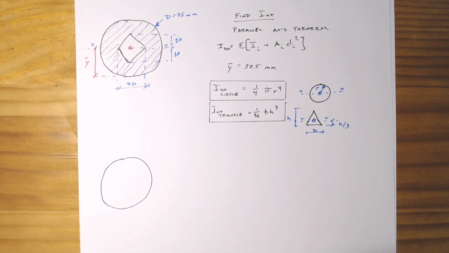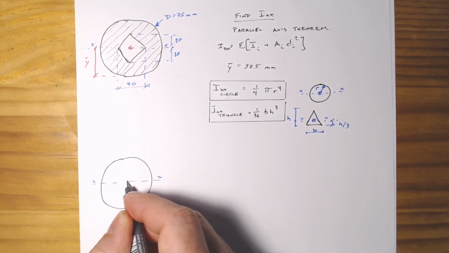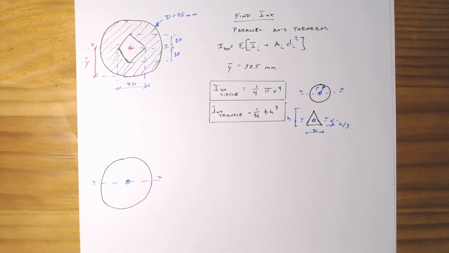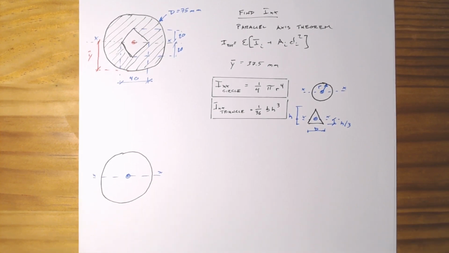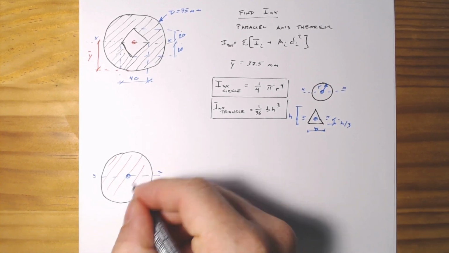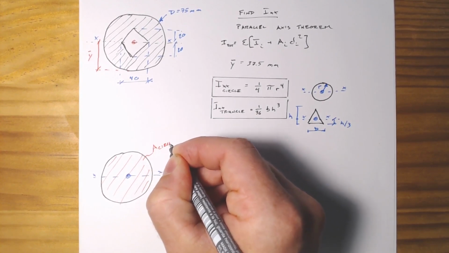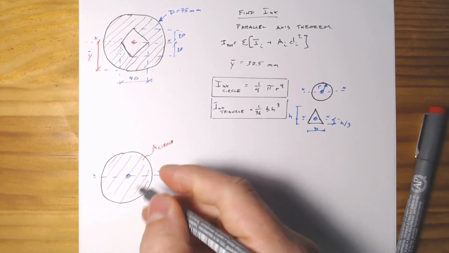So pictorially, we would have some circle, and obviously it has that about the x axis. Its centroid is right in the center, and it has some area of the circle, and this will be the x axis.